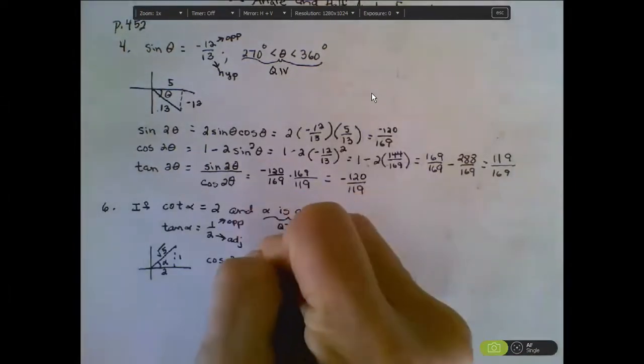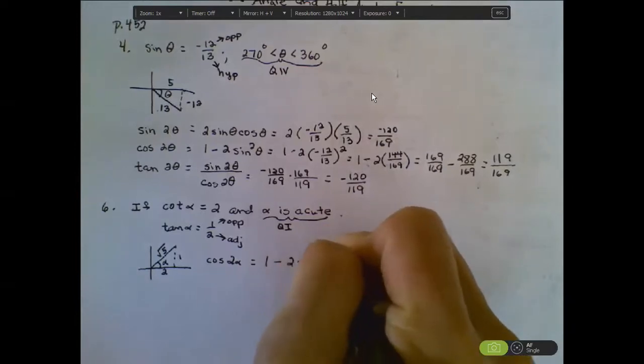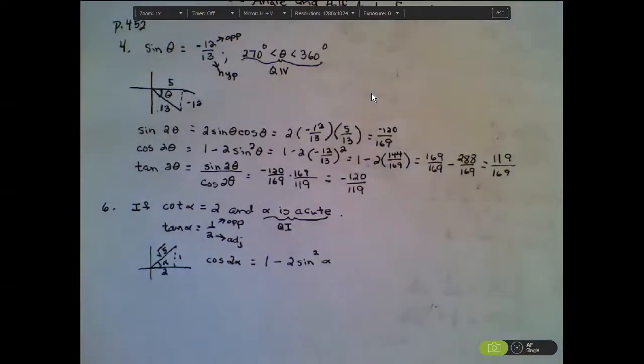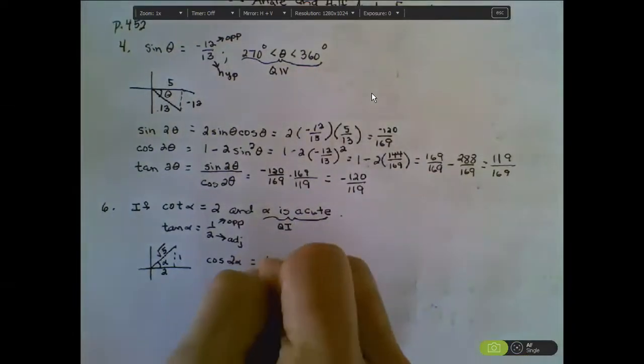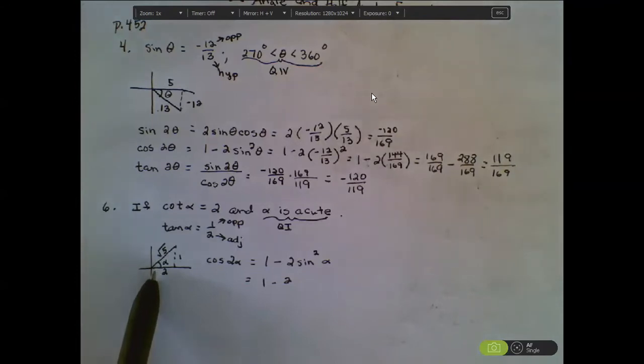If I want to use 1 minus 2 sine squared alpha, then all I have to find from this triangle is what is sine alpha. What would sine alpha be? That's 1 over square root of 5.